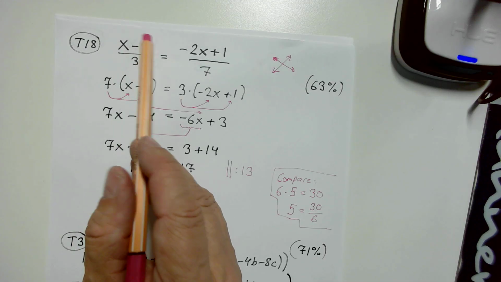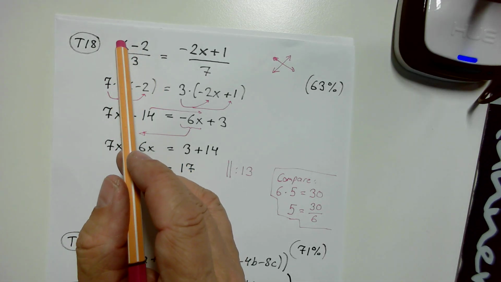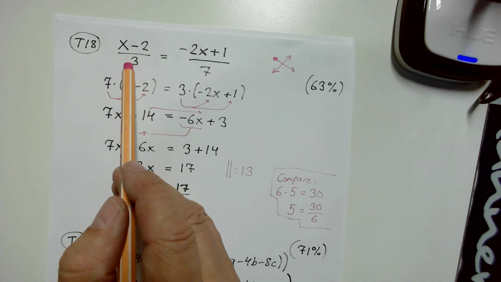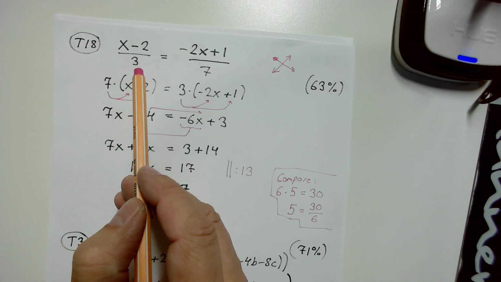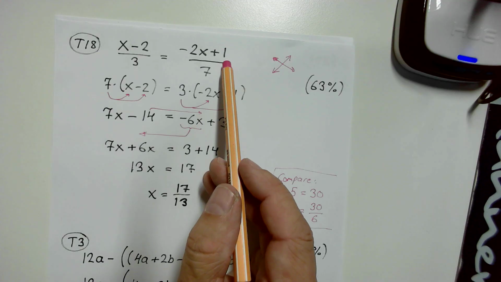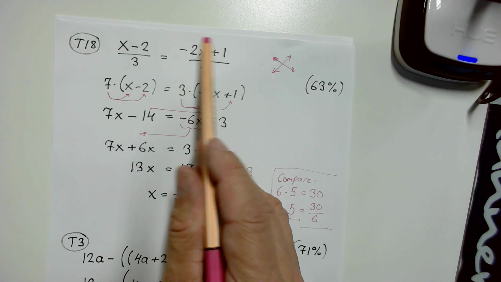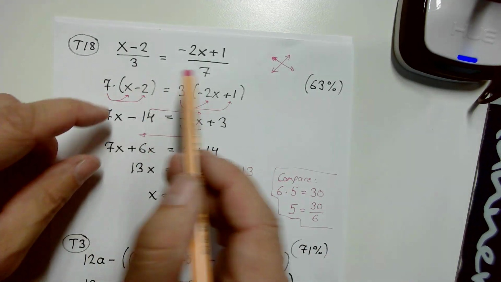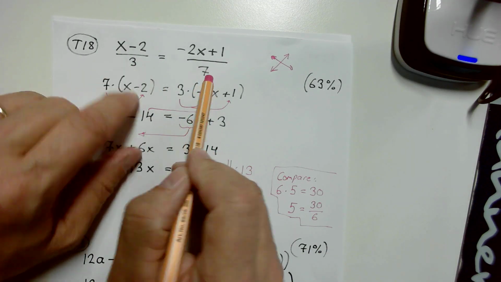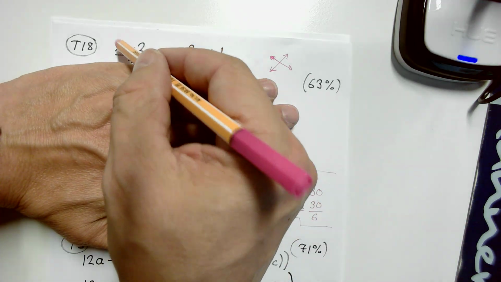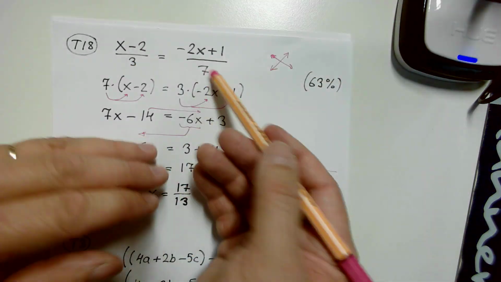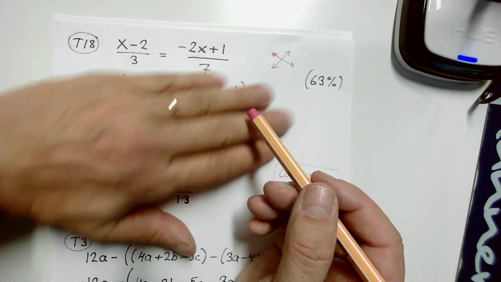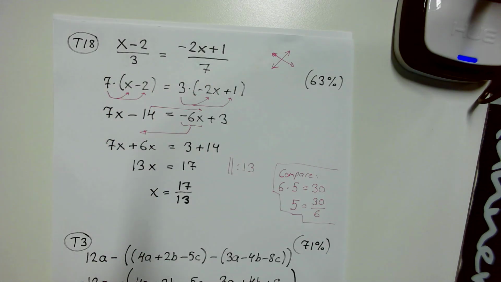If we multiply this fraction's top and bottom parts with 7, we would get 21 in the bottom part. And here if we multiply with 3, we get also 21. And if we get the same numbers in the bottom part, then we can continue with the top part and forget the numbers in the bottom part of those fractions. But that is a possibility with this problem.